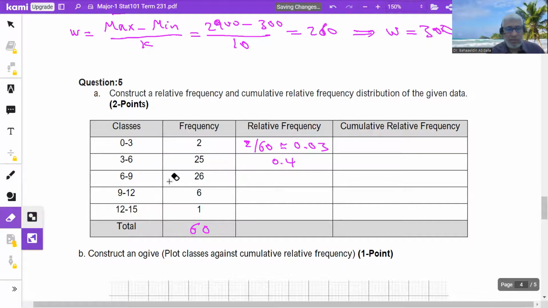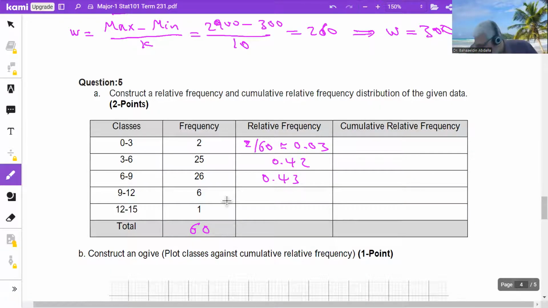You can make sure of these calculations on your calculator. 26 over 60 is 0.43, 6 over 60 is 0.1, and 1 over 60 is 0.017, so we can write it 0.02. Make sure that if you add all of these numbers, you get 1, because the total of the relative frequency should be 1.